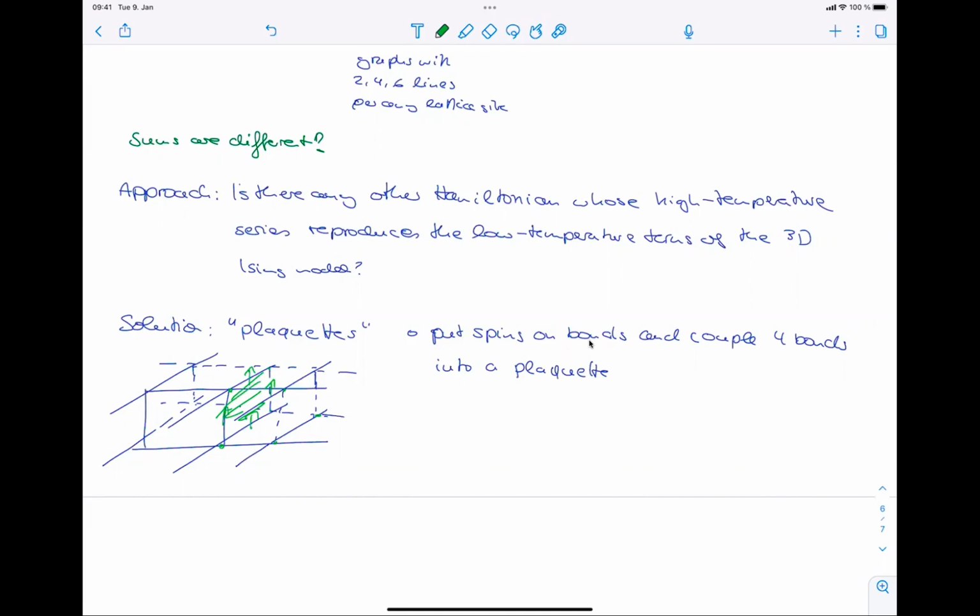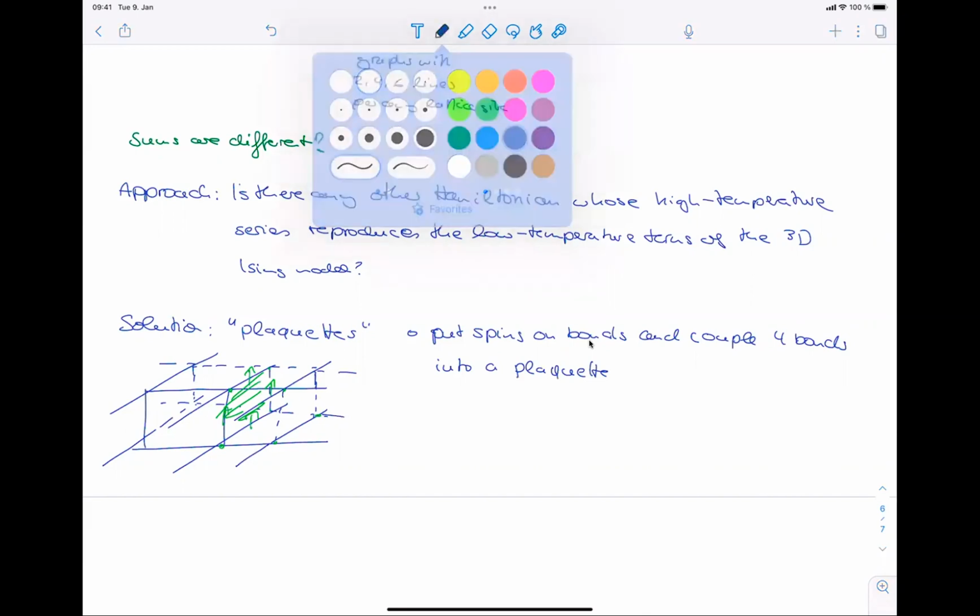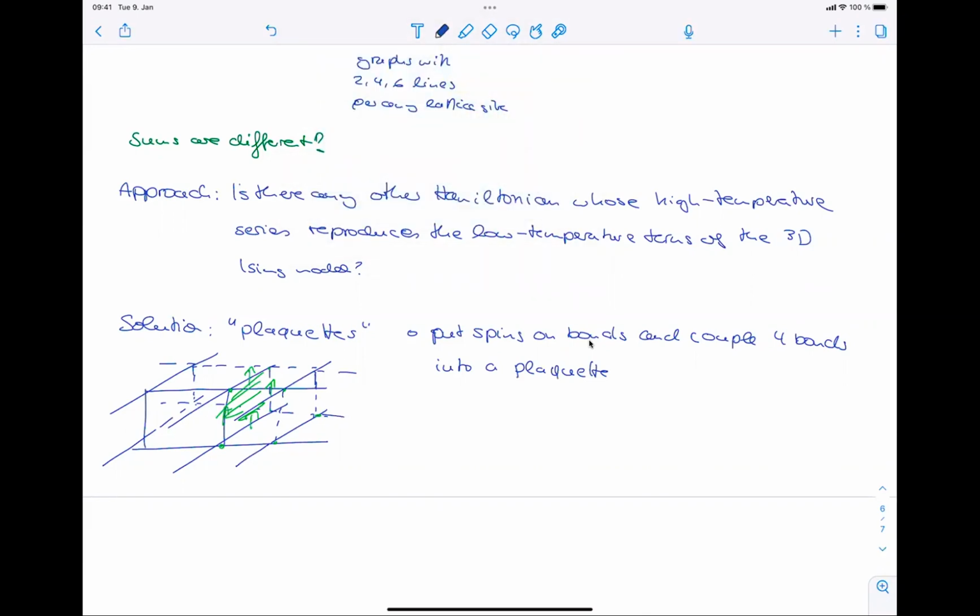Now I created a planar object as my plaquette. And if I want to couple these plaquettes, again the rule is that the plaquettes have to sum up so that even exponents contribute.